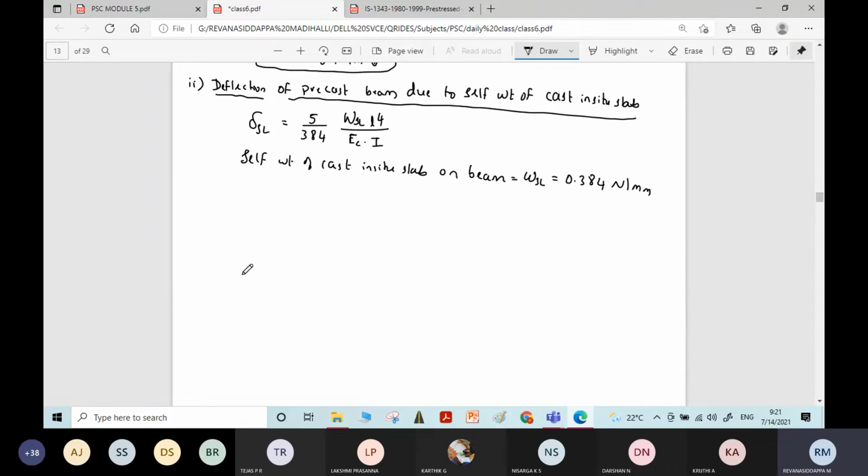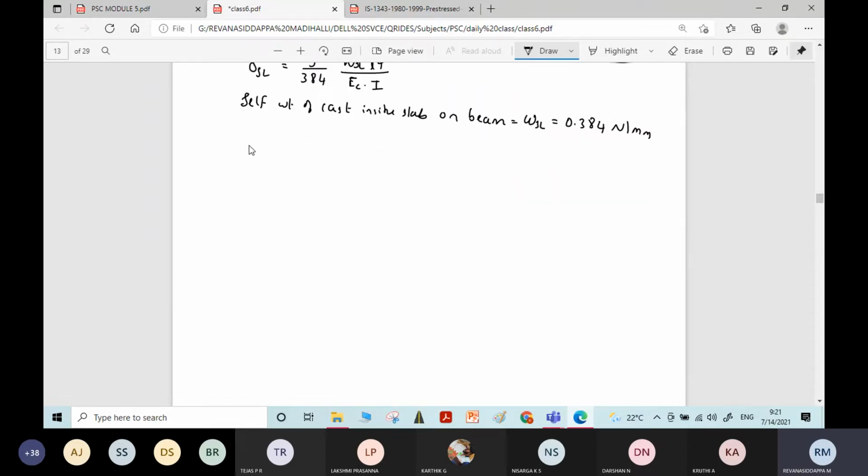Therefore, deflection delta SL is equal to 5 by 384 into 0.384 into 5000 raised to 4 divided by 35 into 10 power 3, and moment of inertia 667 into 10 power 5.